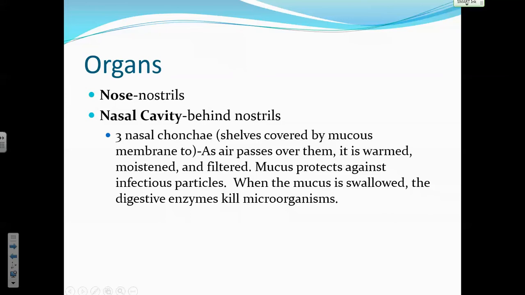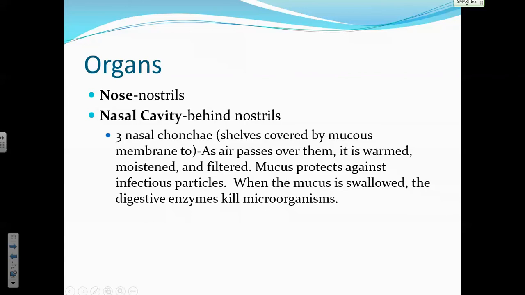Also, these mucous membranes are very vascular, so there's a lot of blood flow through them. That means there's a lot of warmth to the area, and they're very moist. So as air moves through the nasal cavity, it's warmed, moistened, and filtered before it has a chance to get down into your lungs. If you breathe through your mouth all the time rather than through your nose, you don't get that benefit. The air is too dry.